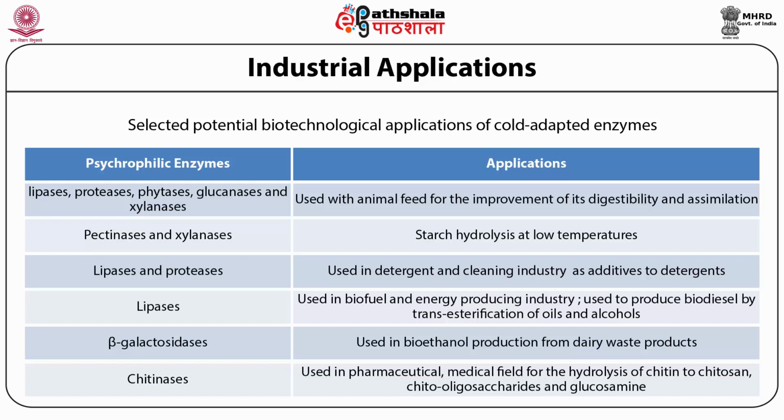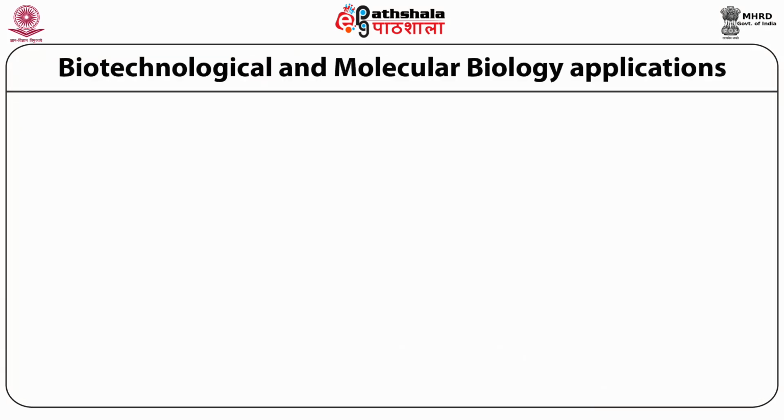They are used to produce biodiesel by trans-esterification of oils and alcohols. Beta-galactosidases are used for production of bioethanol from dairy waste products. And chitinases are used in pharmaceuticals and the medical field for the hydrolysis of chitin to chitosan, chitooligosaccharides, and glucosamine. So these psychrophilic enzymes have tremendous application in the biotechnological and molecular biology field.